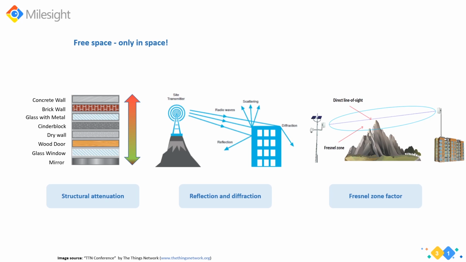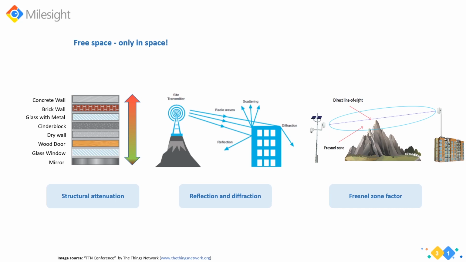So there are buildings with a lot of glass that reflect the radio frequency signal. And also there is a Fresnel zone. So if you have the ground, if you have a hilltop or mountaintop or a building within that Fresnel zone, it definitely influences the signal strength.